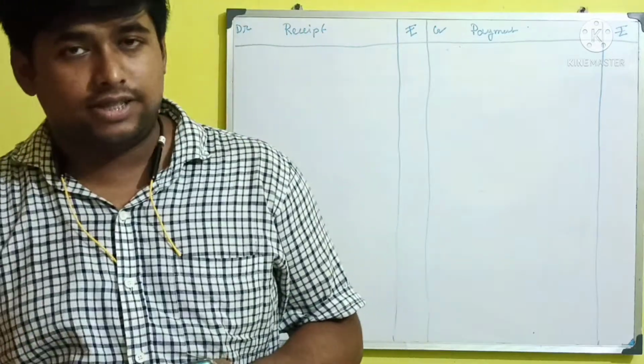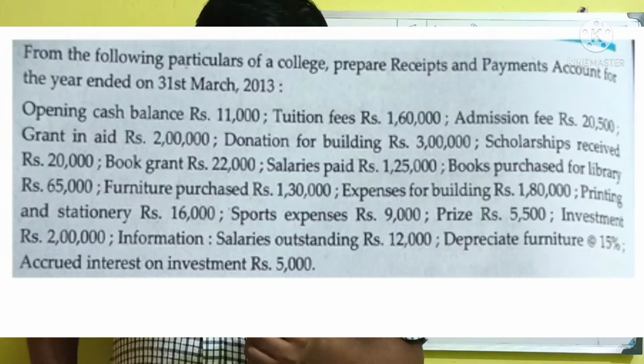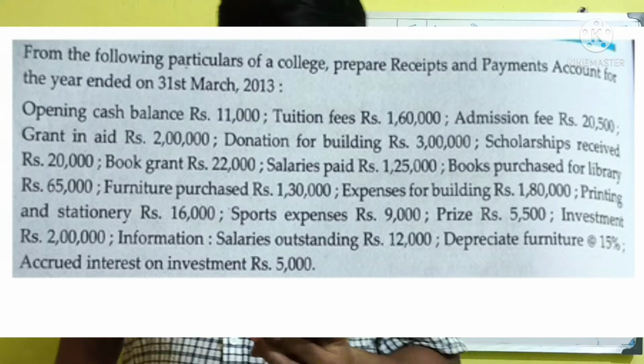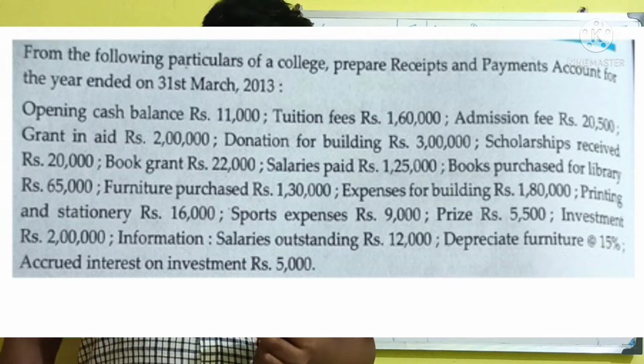So friends, in this next sum we can find out that from the following particulars of a college, prepare a receipt and payment account for the year ended 31st March 2013.